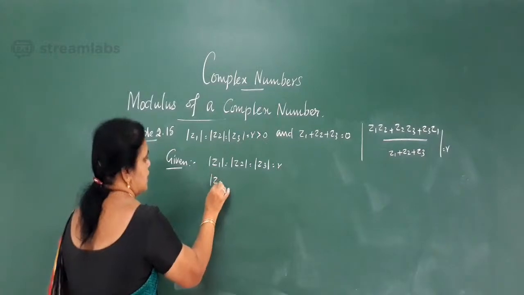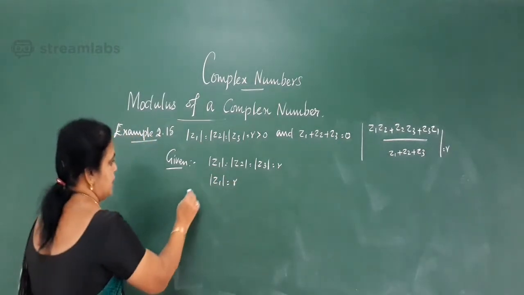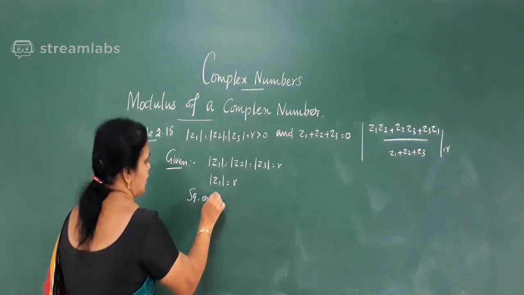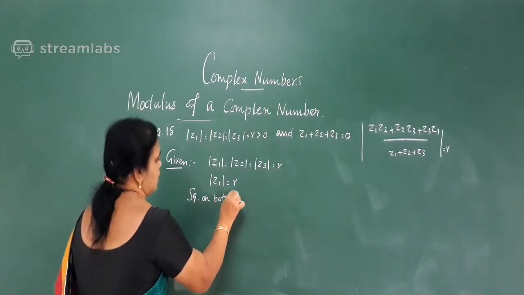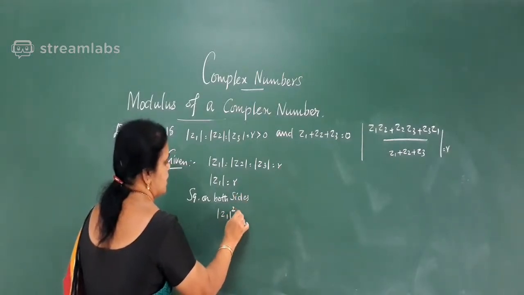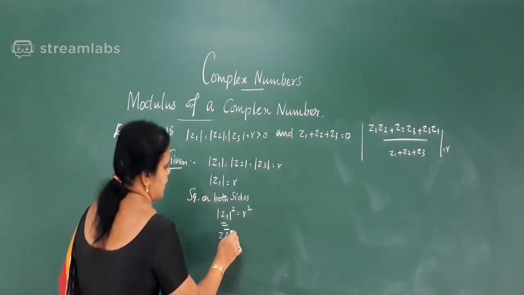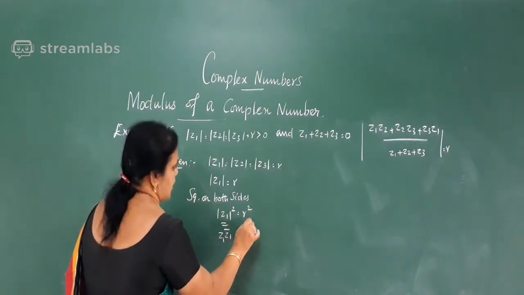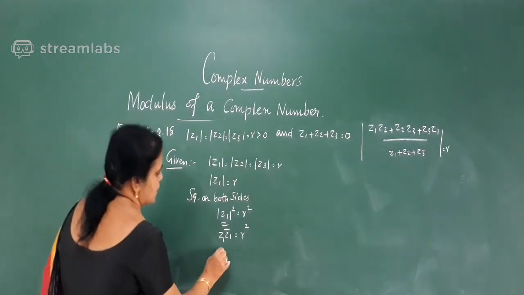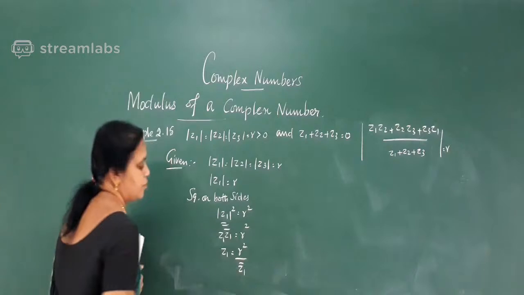Take mod z1 equal to R and square on both sides. Modulus z1 squared is equal to R squared. We can write z1 z1 bar is equal to R squared, isn't it? So z1 is equal to R squared by z1 bar.